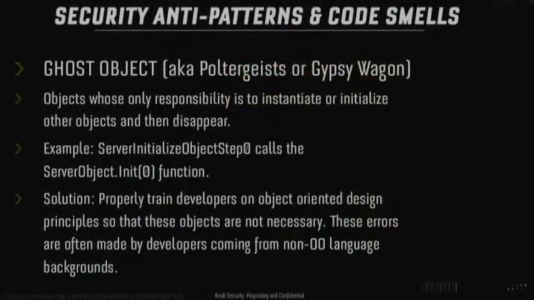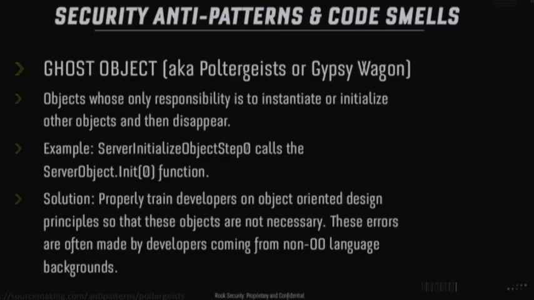Another example, the ghost object or the poltergeist object. We see this where more procedurally experienced developers become object-oriented developers, and they perhaps aren't as knowledgeable about how to work within object-oriented design.